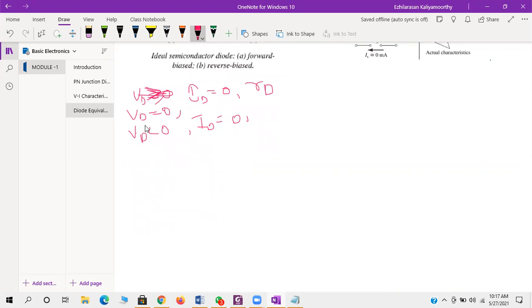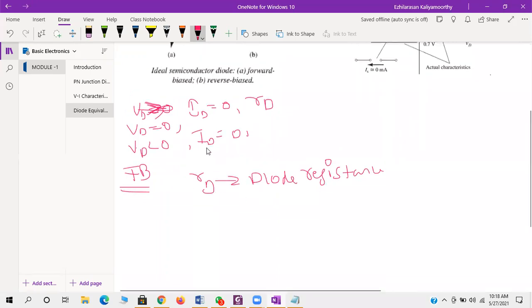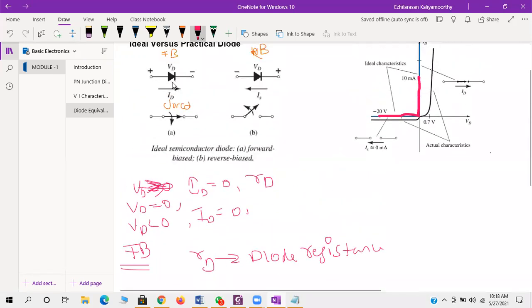In the forward bias condition, the resistance RD is the diode resistance, which is nothing but the internal resistance of the diode. The diode resistance will be very small, so RD is equal to 0.